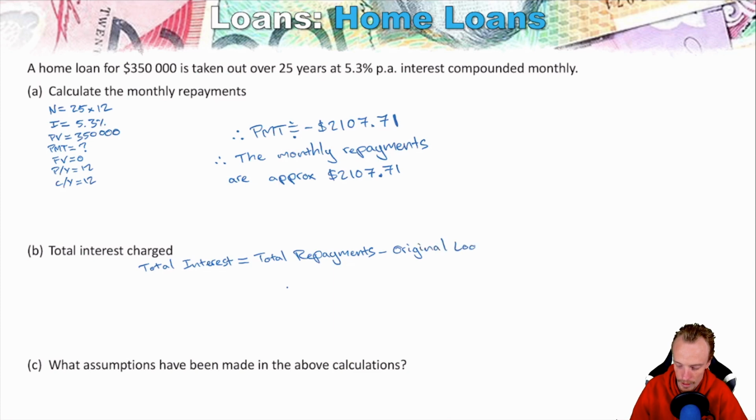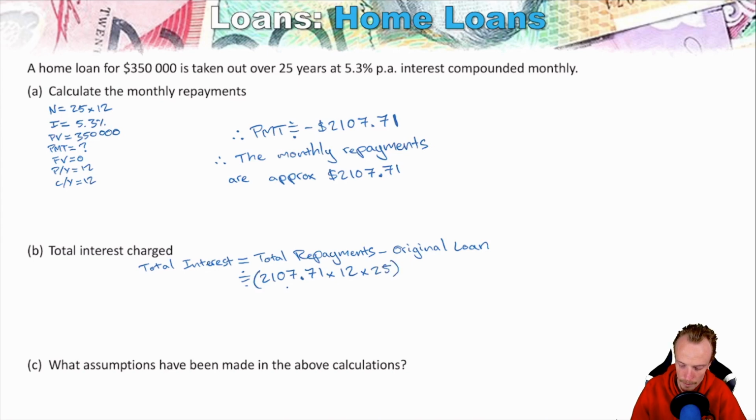So essentially we're just saying how much we've given the bank, subtract away how much we originally took from the bank. We're doing an approximate value here because we're making monthly repayments of $2,107.71, that's 12 times per year for 25 years.